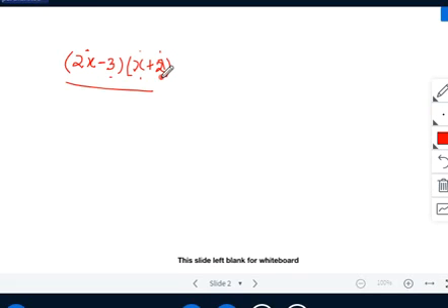Then 3 multiplied by x is 3x. And then 3, no, it'll be minus 3. Minus 3 multiplied by x is minus 3x. And then minus 3 multiplied by 2 is minus 6.